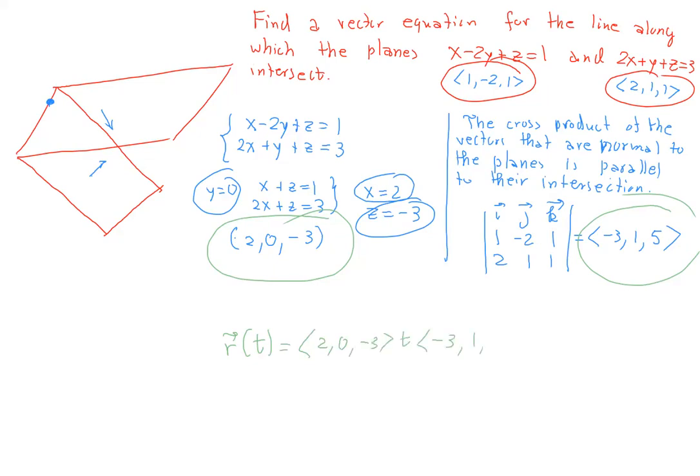And this is a very, very elegant solution. I think the fact that the normal vectors to the 2 planes give us a vector which is normal to the intersection is a very interesting fact on its own.